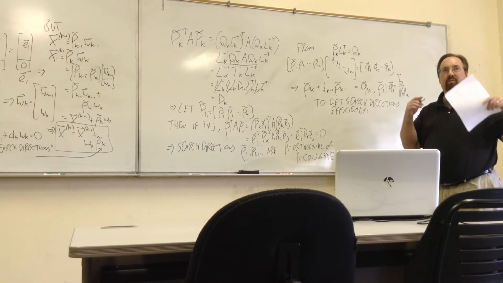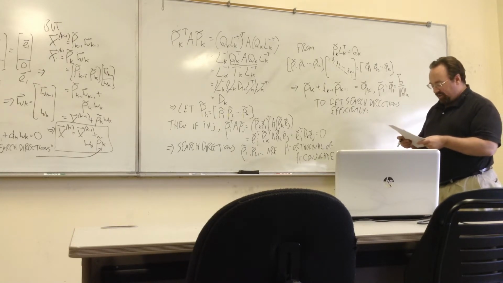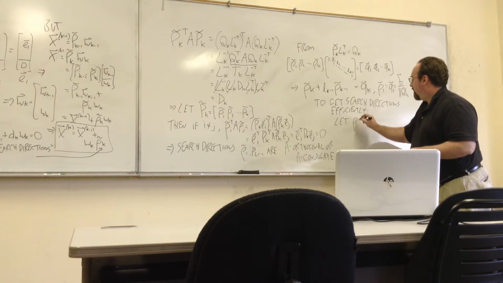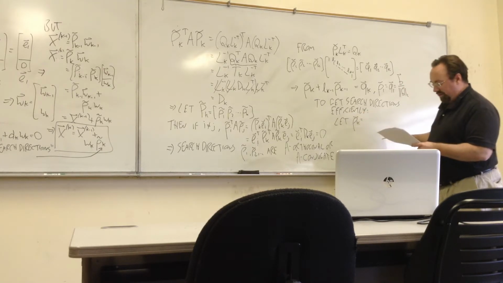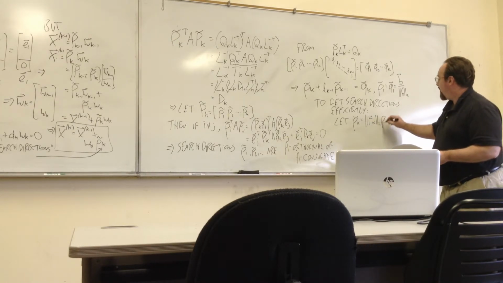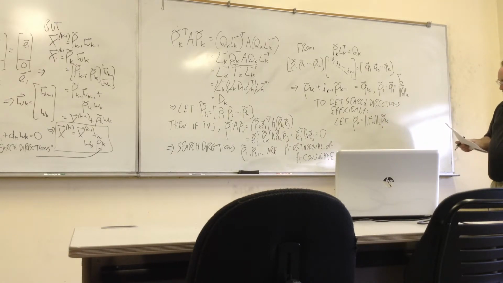Those are not the true search directions we're going to use. They're just parallel to them. So I'm going to let Pk equal the 2-norm of the residual rk times Pk tilde. So it's a sort of normalization, but it's not true normalization.